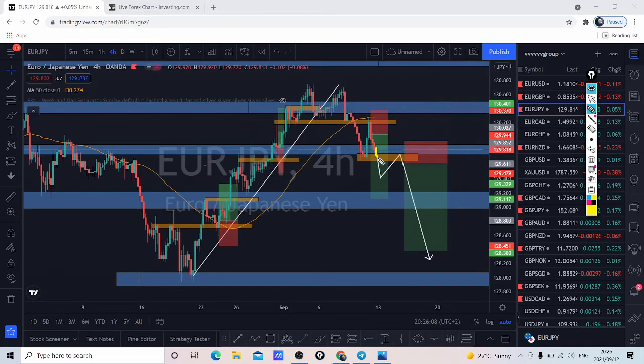I'm expecting the market to break that support, this small support here, make a retest, bearish engulfing, enter after the bearish engulfing, hold to the next zone, which is going to be here. Whenever we are trading with the high time frame trend, that's when we hold our trade for quite some time.